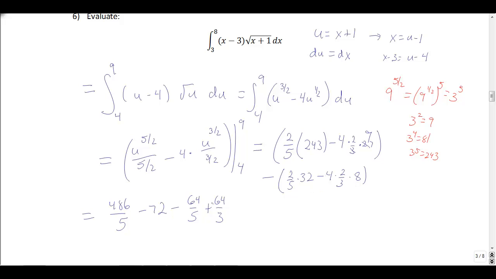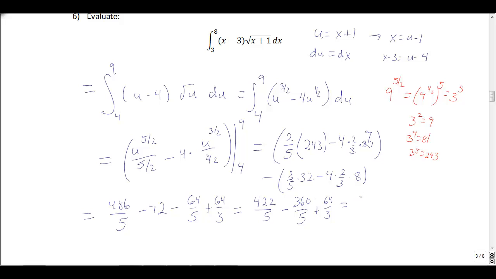Let's see, 486 minus 64 is 422 over 5. I'm going to write that plus 64 thirds minus 72. Maybe I don't want to write it that way. Let's cancel the 72. Try and cancel out part of that 422 over 5. So the 72 I'm going to write as multiply top and bottom by 5. 5 times 72 is 360. I still have my plus 64 thirds.